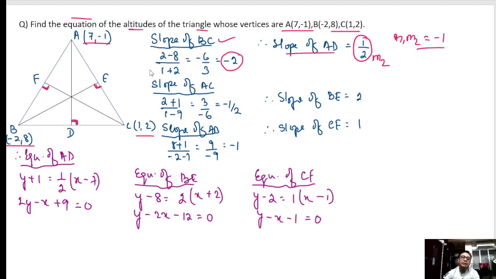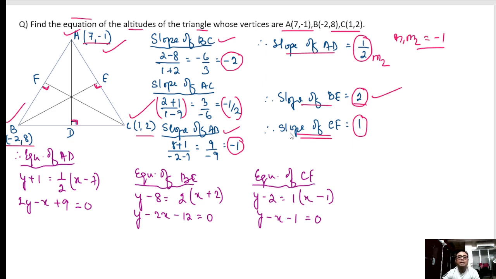Now similarly, using these coordinates, we find the slope of AC, and BE is perpendicular to AC. So again using m1 m2 equal to -1, we get the slope of BE. Similarly, using these two coordinates, I find the slope of AB, and CF is perpendicular to AB, so the slope of that will come using m1 m2 equal to -1.